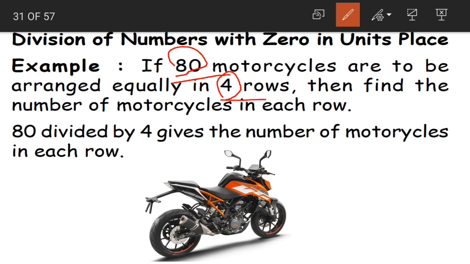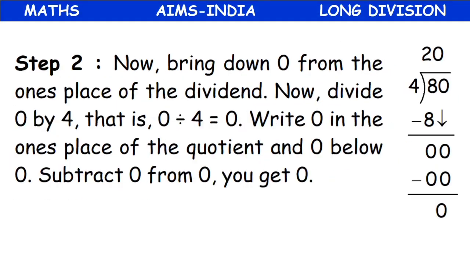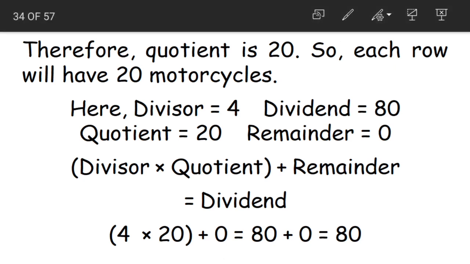So to find out the number of motorcycles in each row, we need to divide 80 by 4.